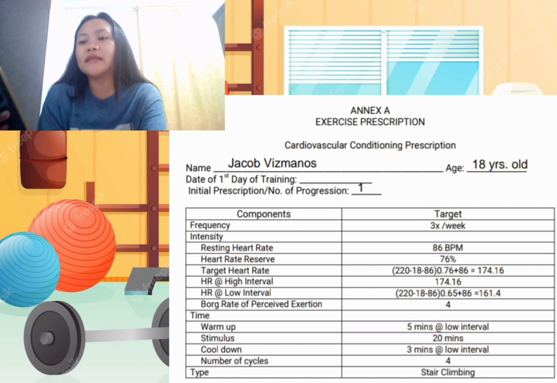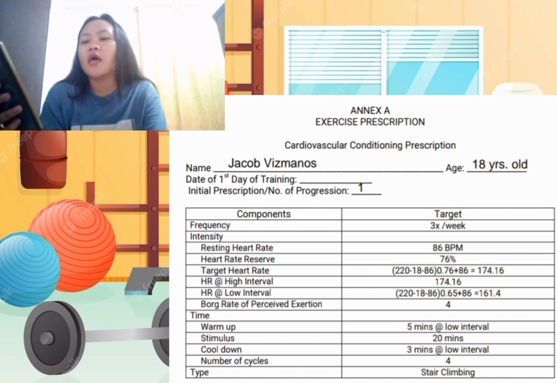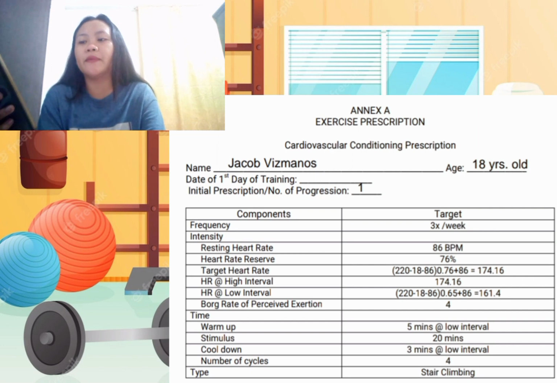The next component is the time. Under the time, we have the time interval of the warm-up, 5 minutes at low interval. The stimulus is 20 minutes. The cool down is 3 minutes at low interval, and the number of cycles is 4.